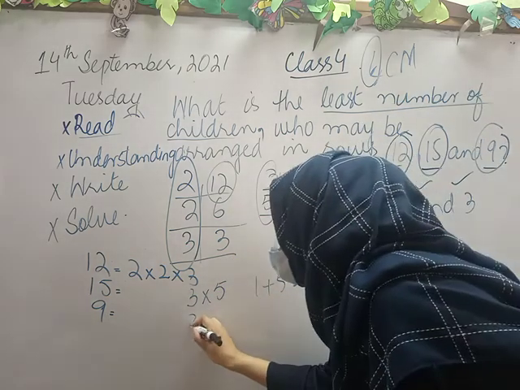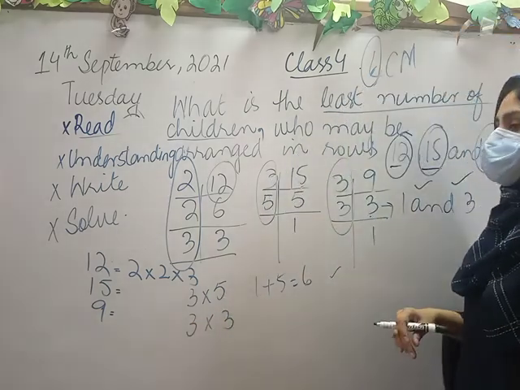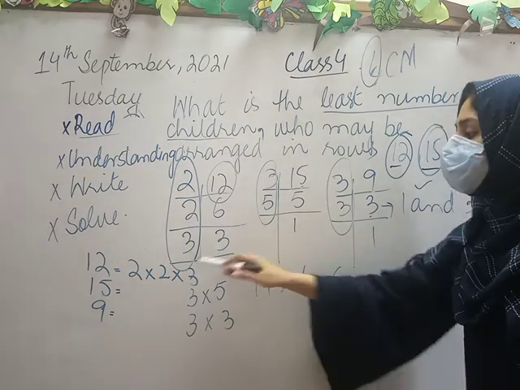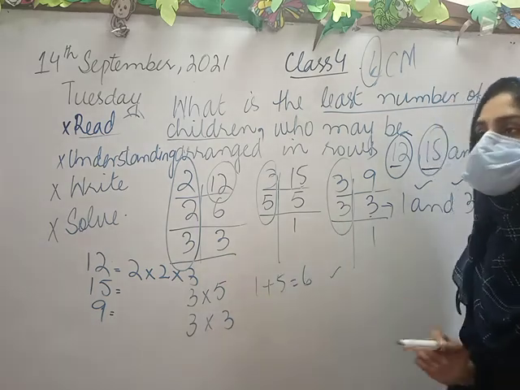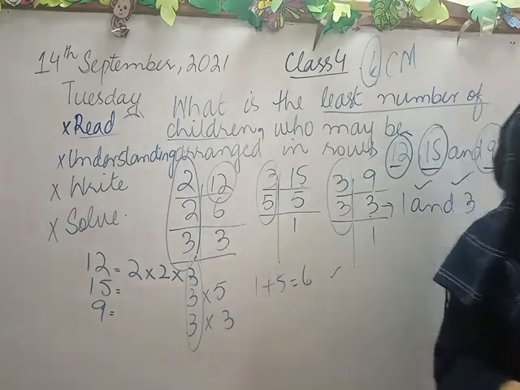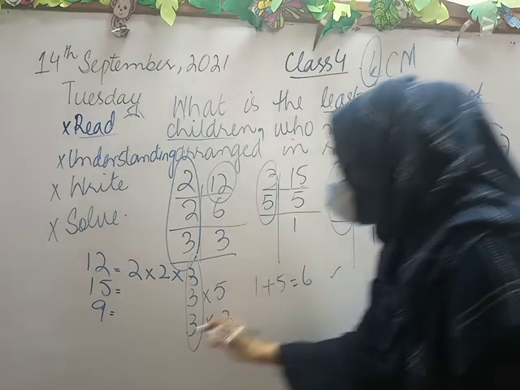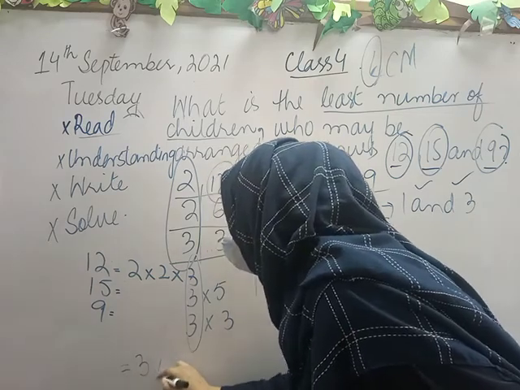I will write 3 into 3. ये इजी होता है हमारे लिए कि जो कॉमन है हम उसके नीचे कॉमन ही लिखें. ठीक है. Now if you look, there is only one number which is common in 3 of them. तीनों में कॉमन है, so I will circle it, class. Now I will write only one time 3.